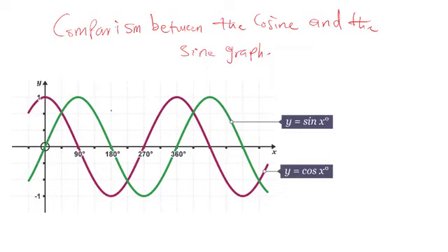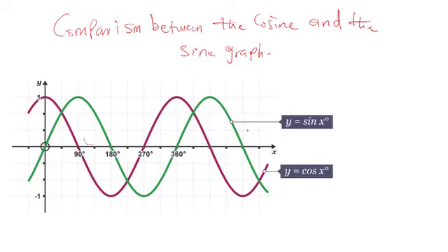Now we have a pictorial representation of the cosine and the sine graph. Just like what we stated earlier, the cosine graph starts from 1, projects down to 90 degrees, cuts across 270, falls beyond, and keeps moving in a wave-like form.